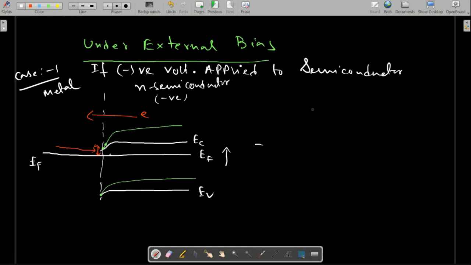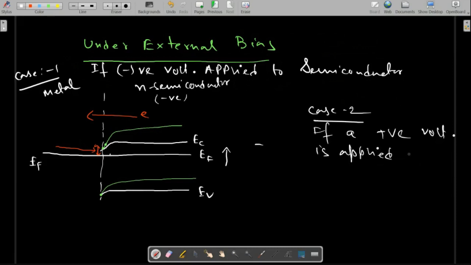Now, case 2: if a positive voltage is applied in the semiconductor with respect to the metal, what can we expect?